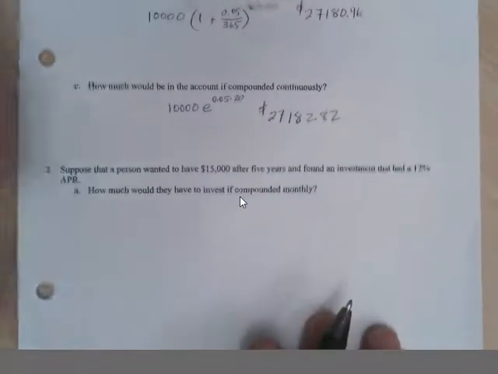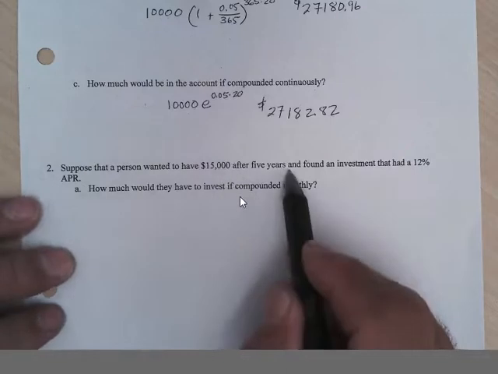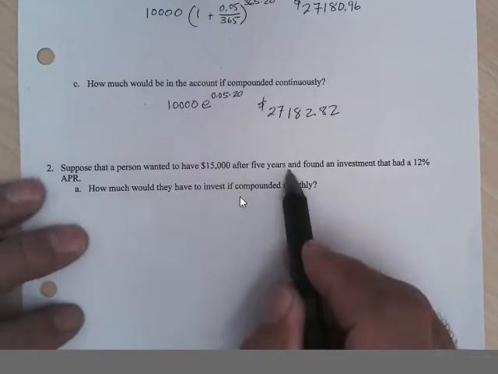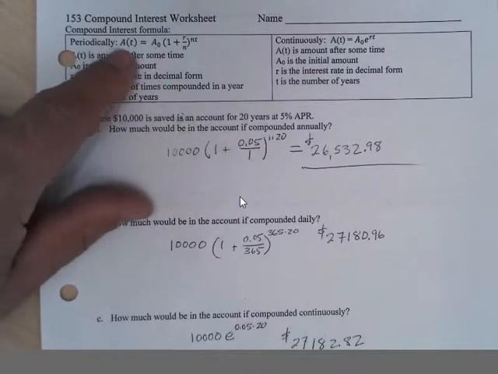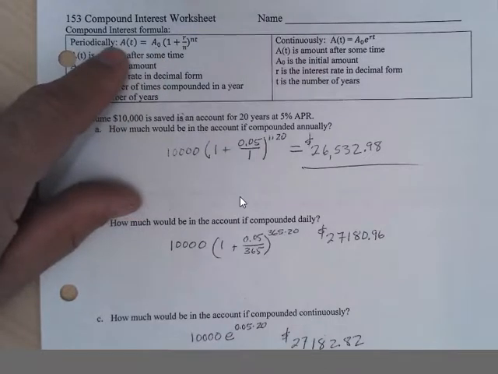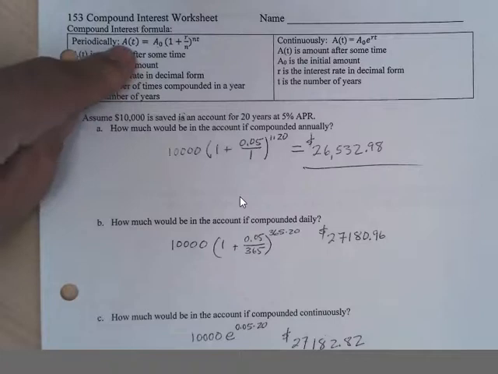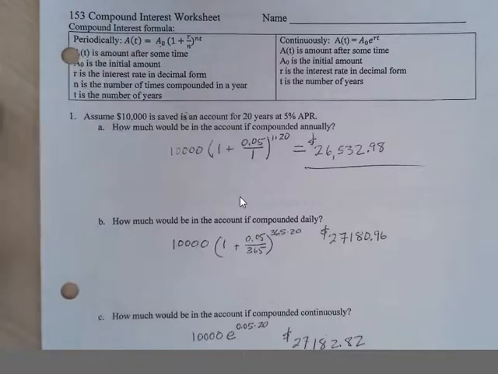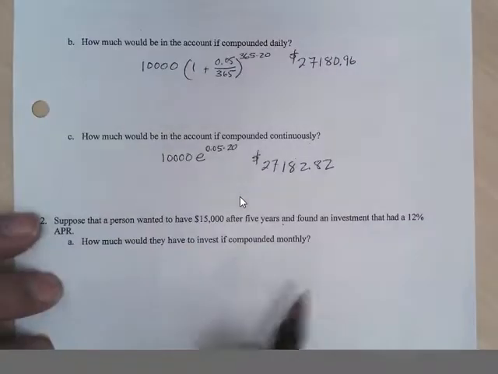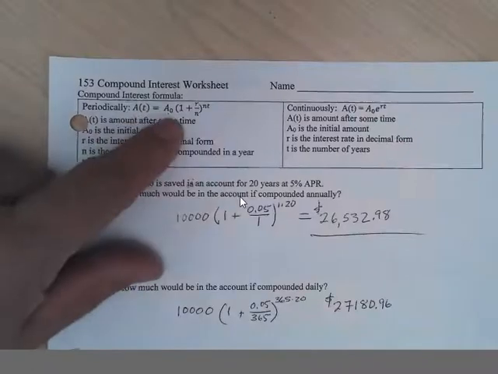Okay, suppose a person wanted to have 15,000 after 5 years. So we don't know how much the starting amount is, but we want to end up with 15,000, so we have to put 15,000 there, and we've got to figure this number out. This is compounded monthly, so we have to use this formula.